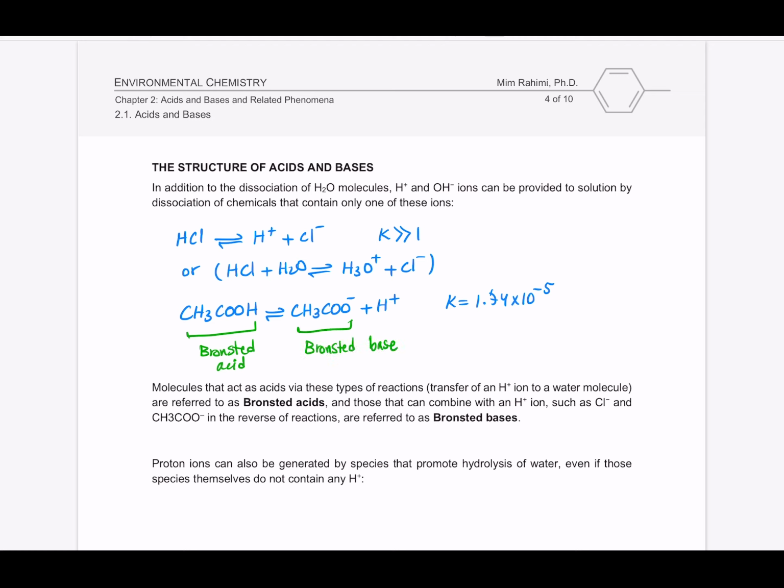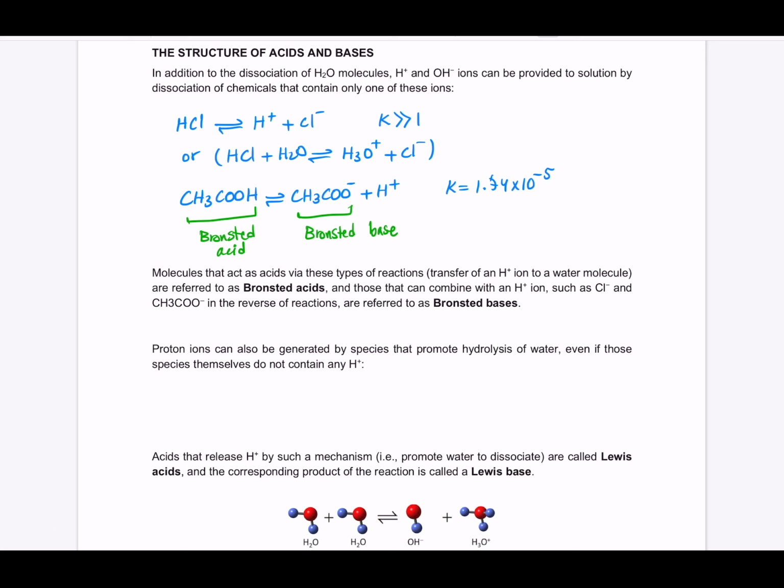So this type of acid and base are those that are directly introducing H plus to the system. This is a direct introduction of protons, and this is pretty obvious, pretty simple in terms of describing it. You're adding something that is impacting the acidity.